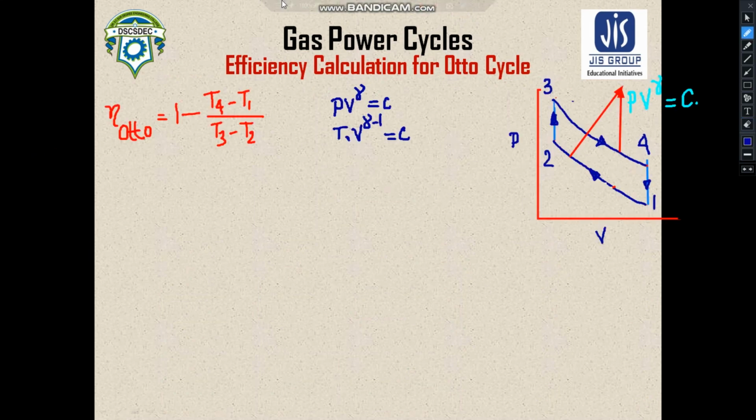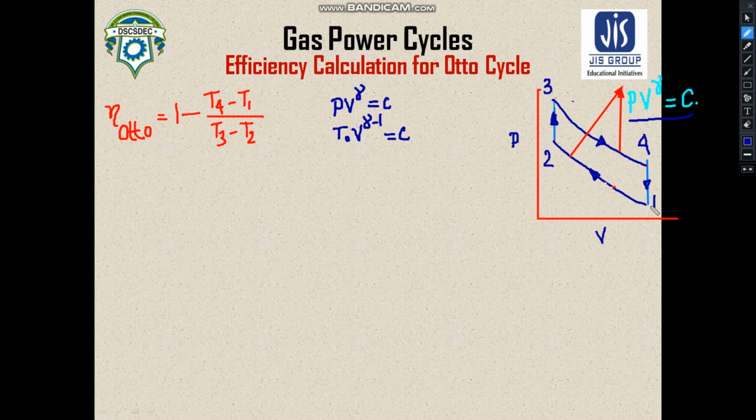For process 1 to 2 and process 3 to 4, it is an adiabatic process. So the expression PV to the power gamma equal to constant will follow, and we have already seen while discussing the concepts of the Carnot cycle, if you consider air as an ideal gas and replace P by RT by V, then this relationship between temperature and volume can be created for any adiabatic process, when air is the working fluid.